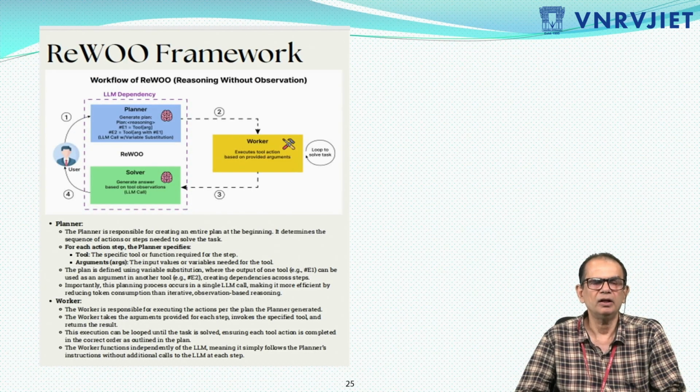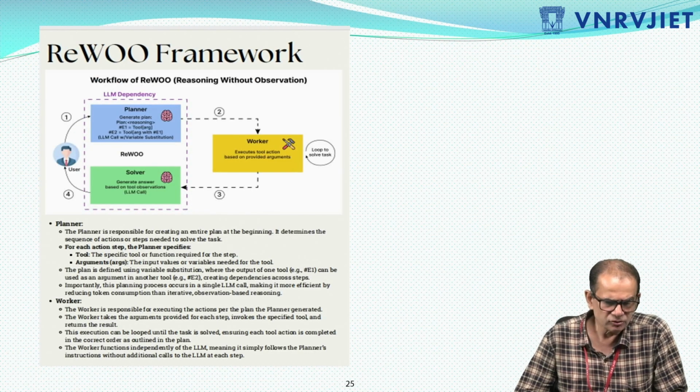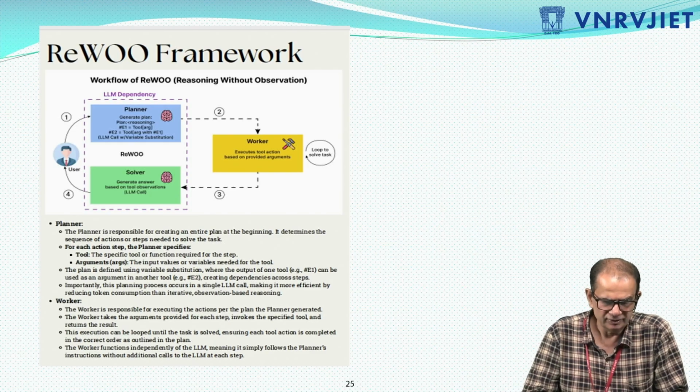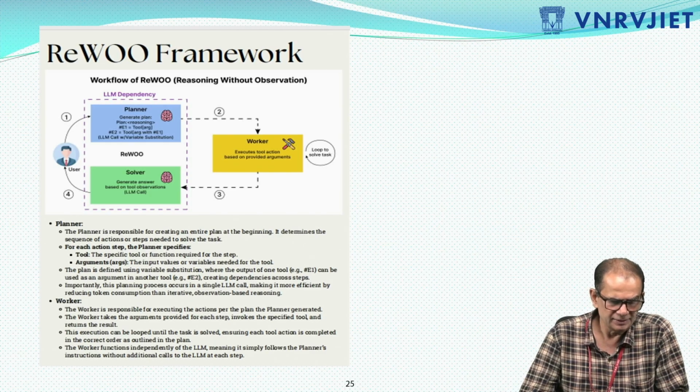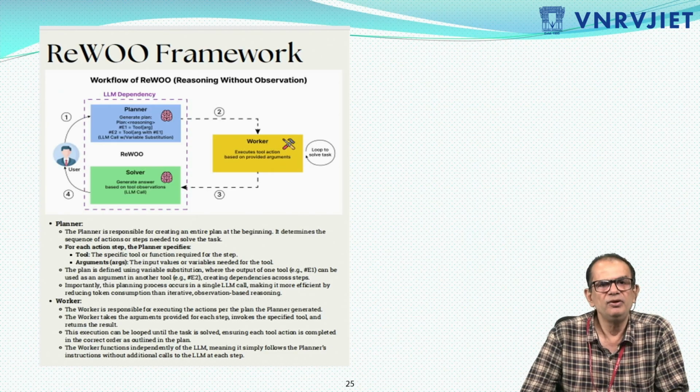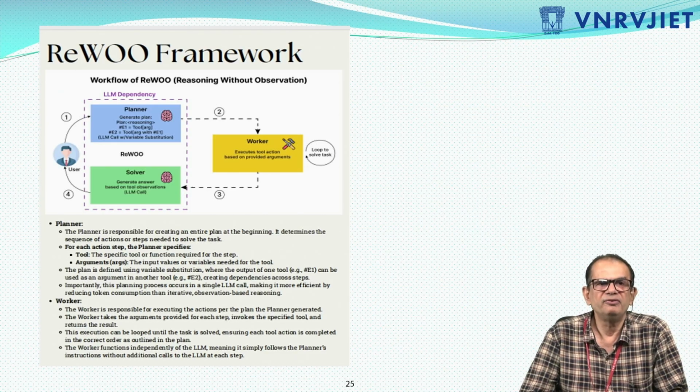Okay, now there is also the review framework, and in this case, what happens is that we do the reasoning, and there is no observation. So in this particular framework we do the reasoning, but that goes without observation.